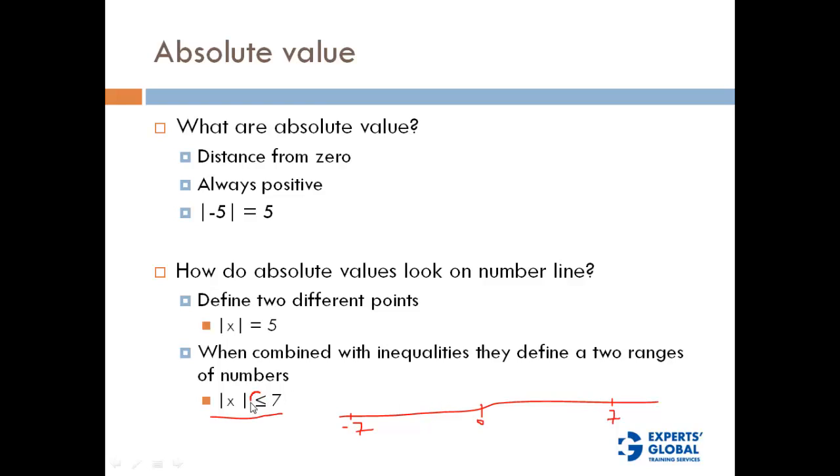And because we have an equal to sign, we are talking about this particular area including 7, right? So we are talking about this particular area on the positive side, and this particular area on the negative side. So modulus of x less than or equal to 7 is these areas combined together that we are talking about.